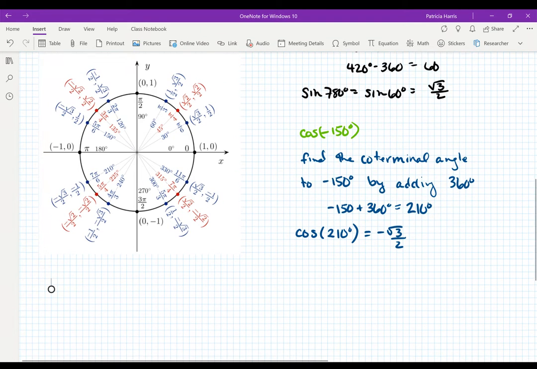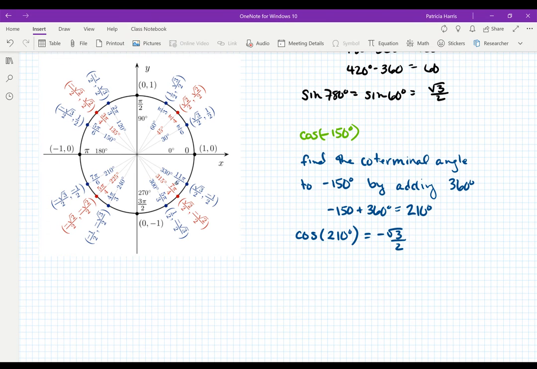The unit circle can also be used for inverses.